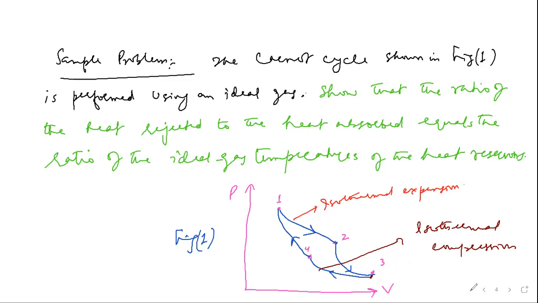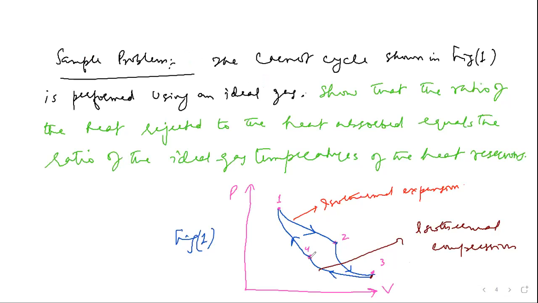Therefore, I can write heat rejected as nRTc ln V3 by V4, because my final state is state 3. I'm taking it as if the gas is expanded, because the magnitude of the work will be the same, that will be equal to heat rejected.